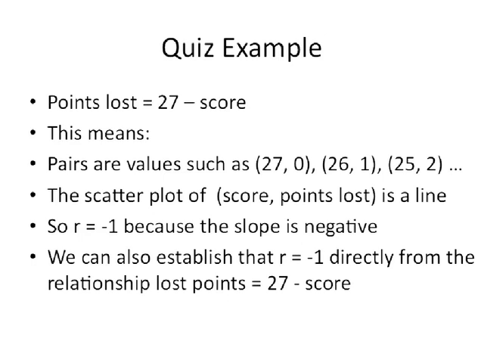So all possible values: 27, perfect score, lost points 0. 26, nearly perfect score, lost points 1. 25, 2. Those points all fall in a line with a negative slope. Therefore, the correlation should be negative 1.